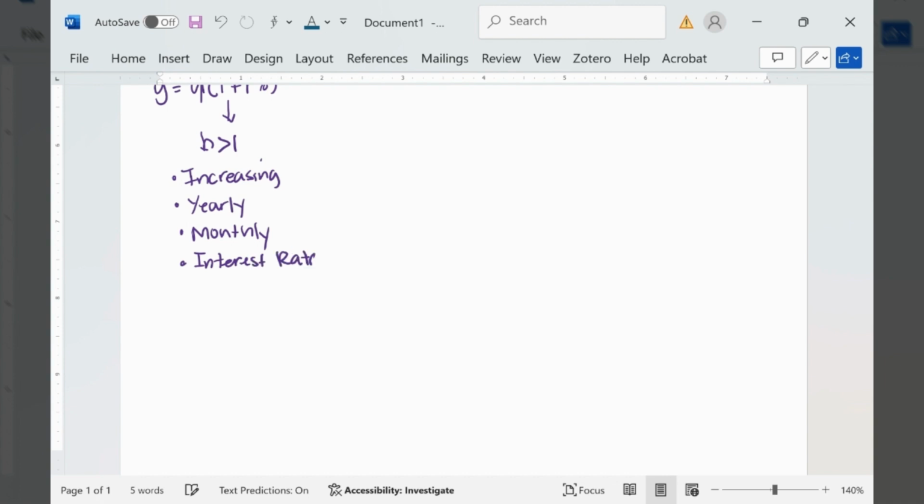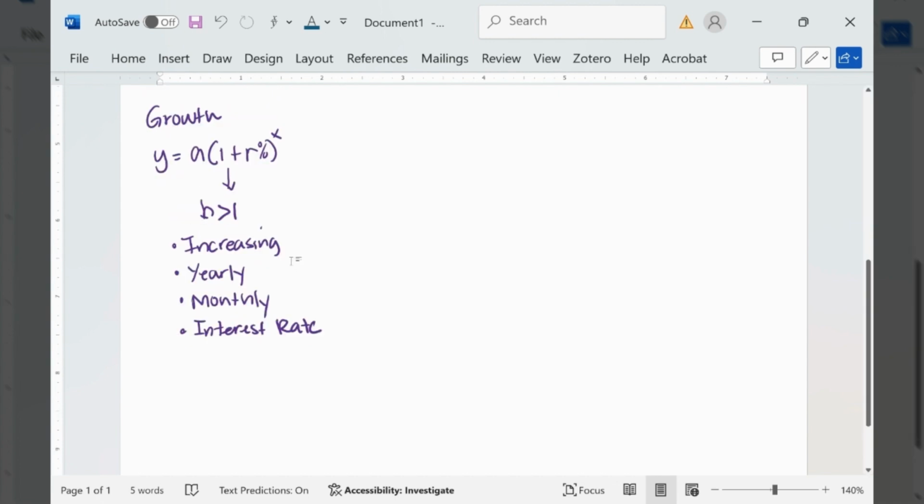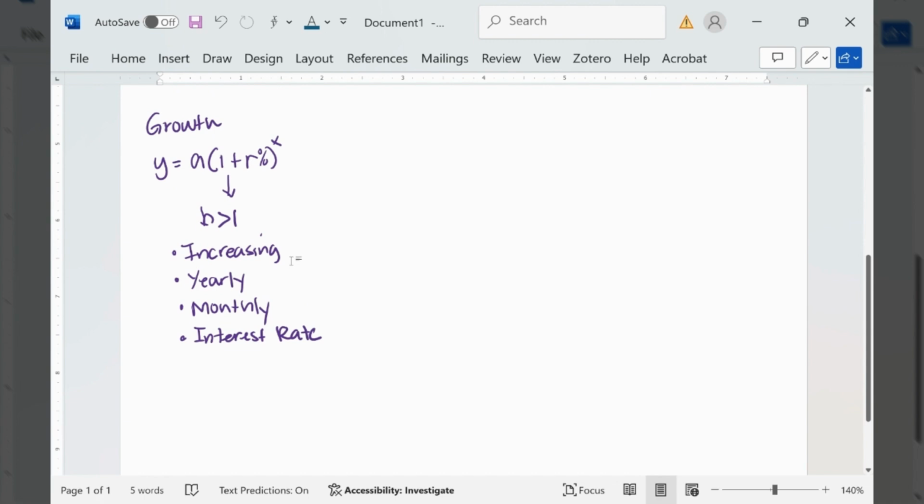So this means you have a growth. So now this is in word problem. Like I mentioned earlier, if they give you a percent, make sure to convert the percent to decimal. Okay, let's continue.